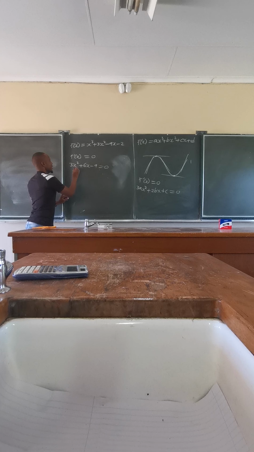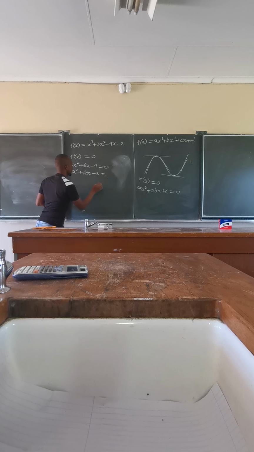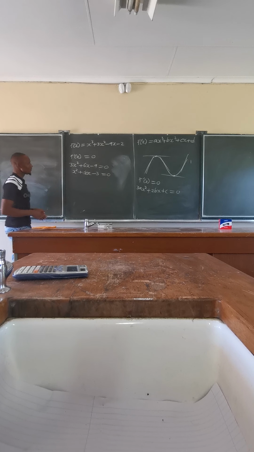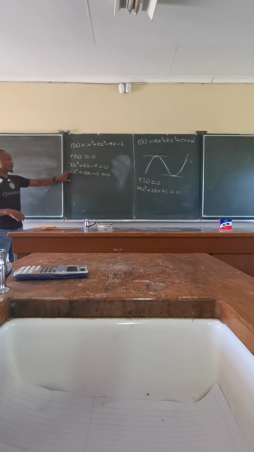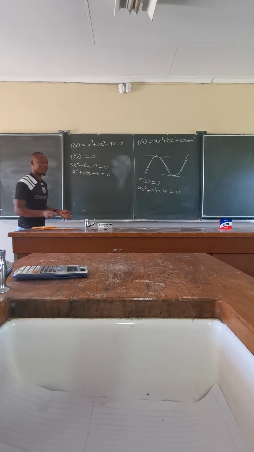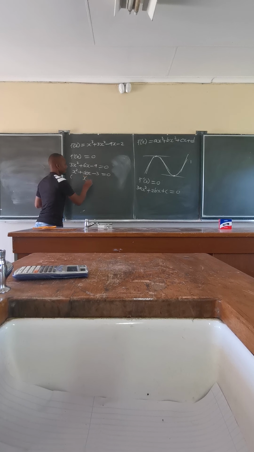We have x squared plus 2x minus 3 equal to 0. Now, we can factorize this. I hope you guys can factorize. The factors of 3 are 3 and 1.